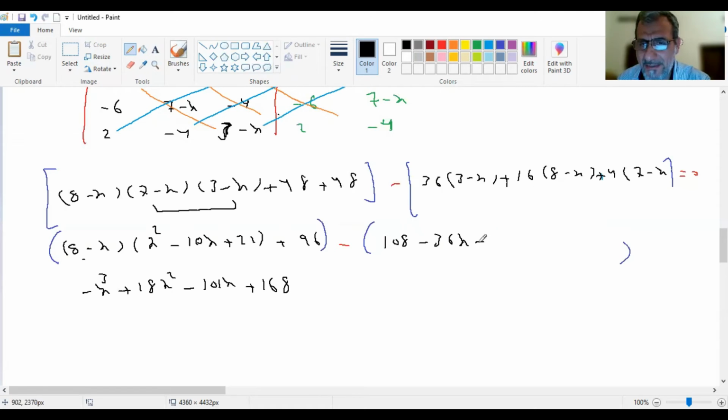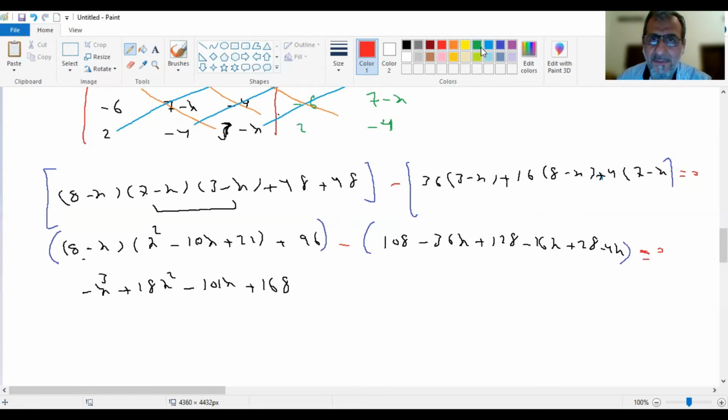And 16 by 8 is 128, and 16 by 16 lambda. And 4 by 7 is 28, and 4 by negative lambda, negative 4 lambda. Equal to 0. This one is equal to 0.